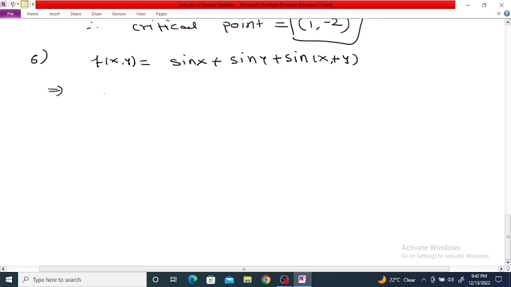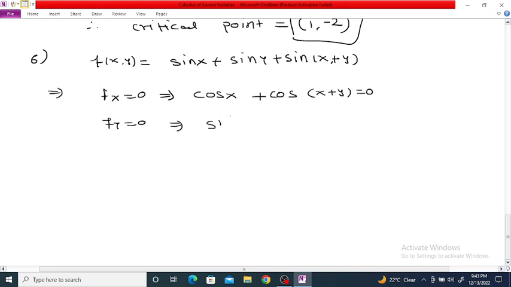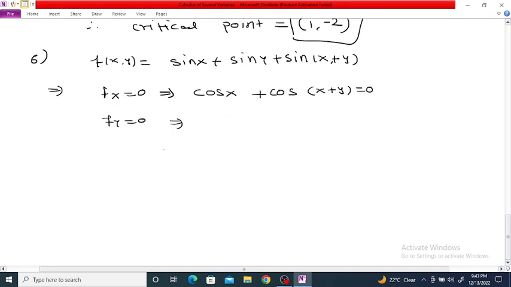So here f_x equal to 0 implies cos x plus cos of (x plus y) equal to 0, and f_y equal to 0 implies cos y plus cos of (x plus y) equal to 0.